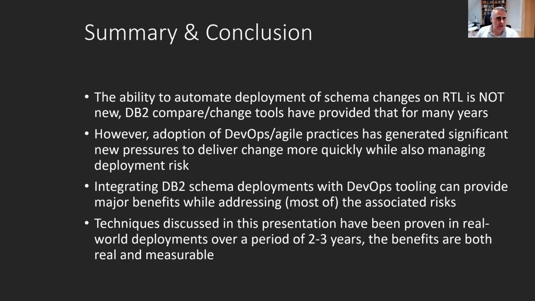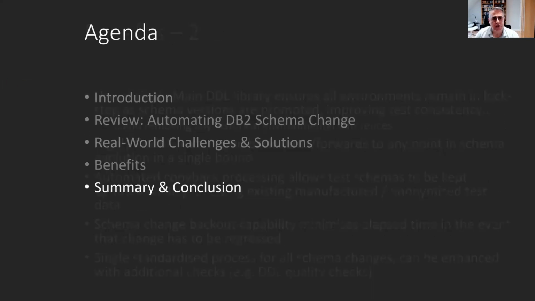Oh. So the question is, when does the compare process happen, during the deployment or DDL packaging? So back at the beginning of the presentation, I talked about two separate stages to the deployment. I talked about the deployment of the change of the DDL. So that's when the DDL patching happens.